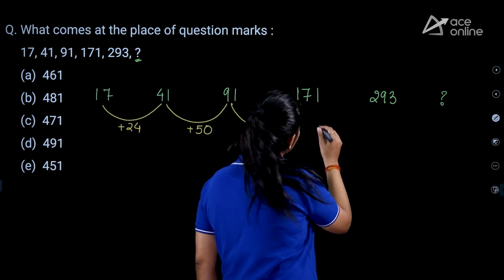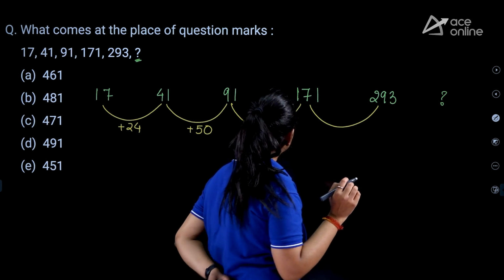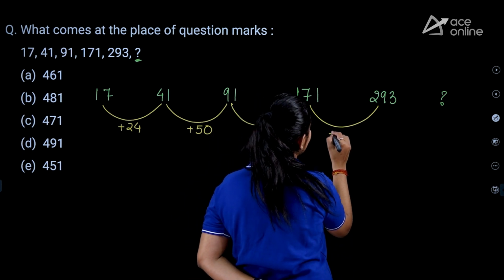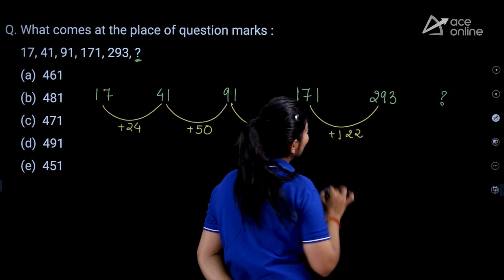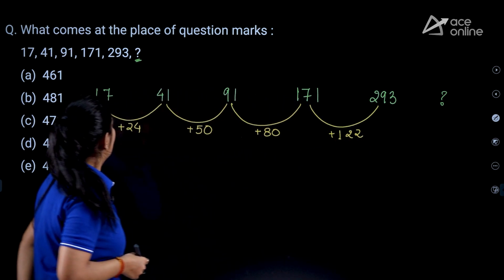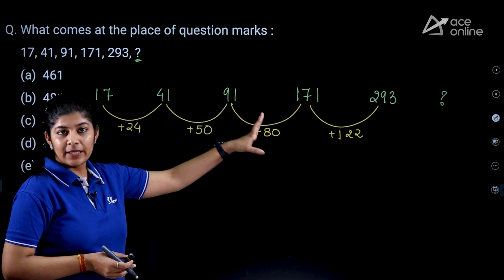Now, when I move further, I'm getting a difference of 122. Initially, I was thinking there's something related to doubling, right?